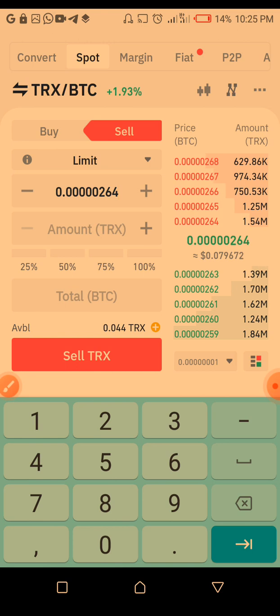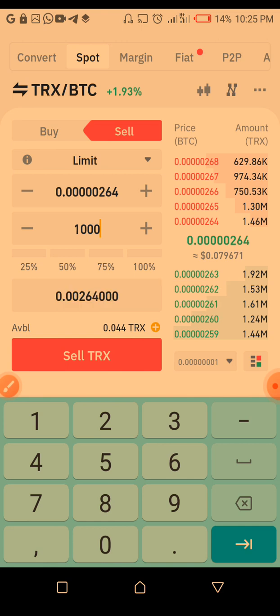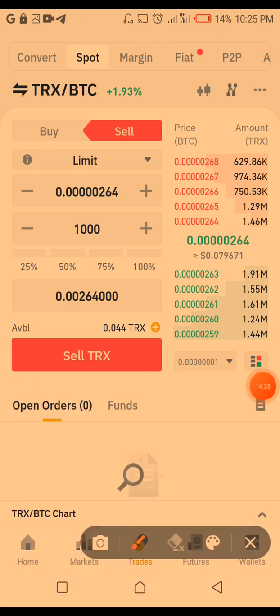But if you leave it on limit order, you still have a choice. Since you are selling right now, you can see we have changed it to sell. Since you want to sell your 1000 TRS right now, if you want to select this price, or you want to change it, you're going to change it using any of the prices below.